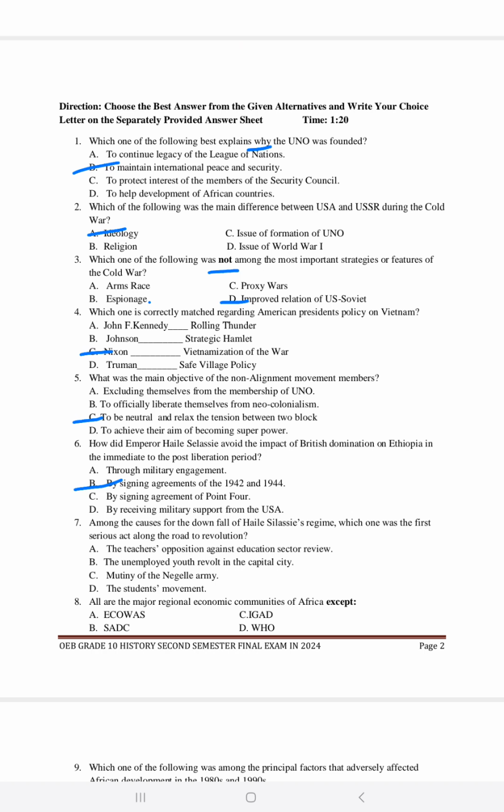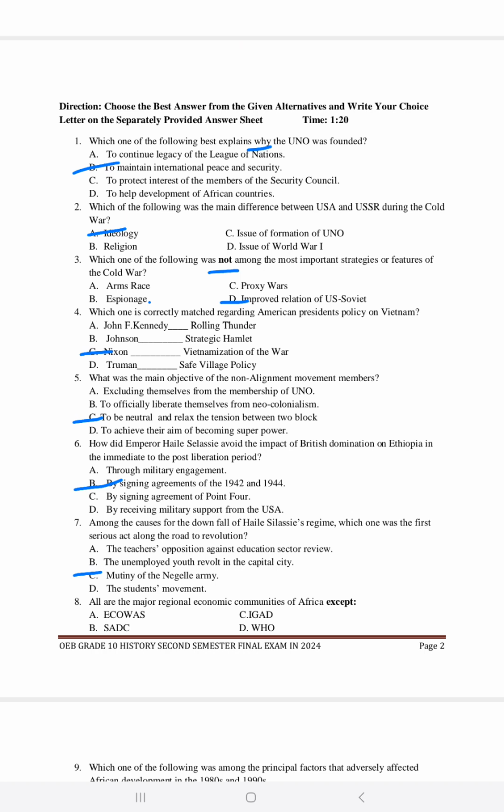B. The unemployed youth revolt in the capital city. C. Mutiny or the rebellion of the Nigeli army. D. The students' movement. So the most serious act was C, the mutiny, the revolt of the Nigeli army.